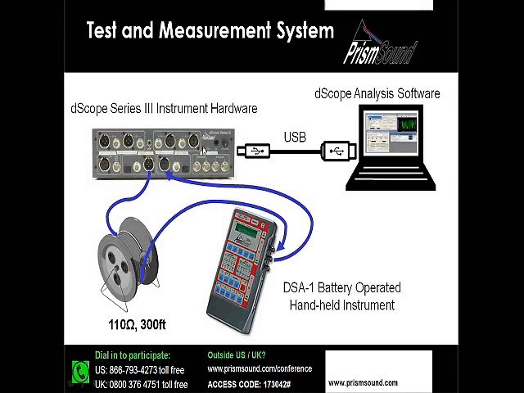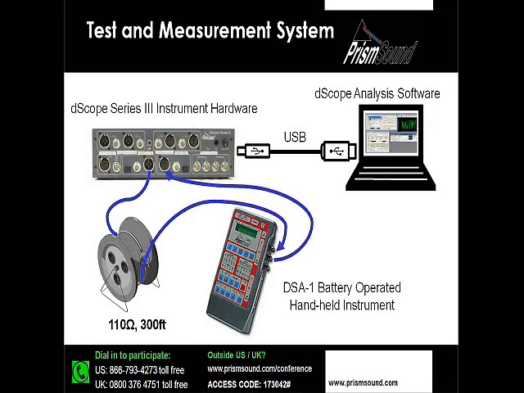And I might mention the D-scope pictured here, as well as the one I have on my bench, is both analog and digital. The analog portion appears up here at the top, but today we're going to be using the AES3 XLR output, and we'll be coming down the cable around and around for 300 feet, and then out and into the DSA-1.